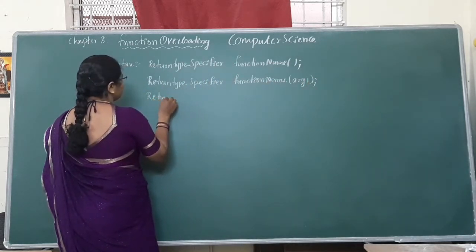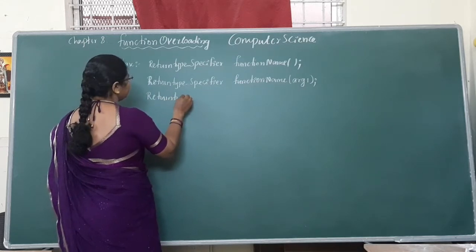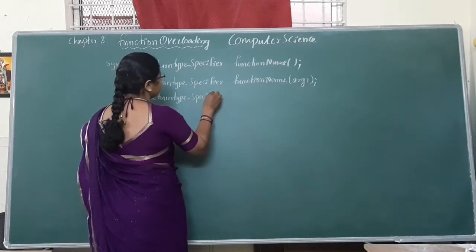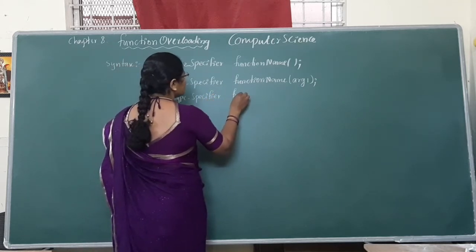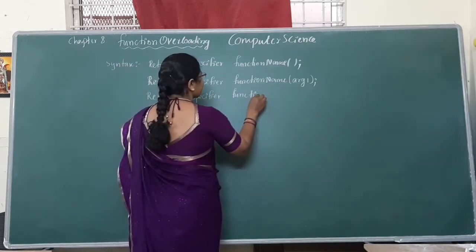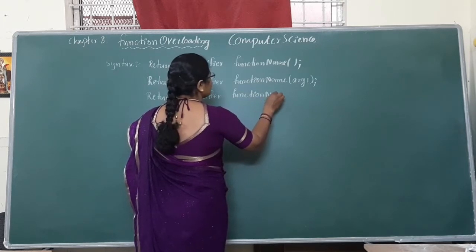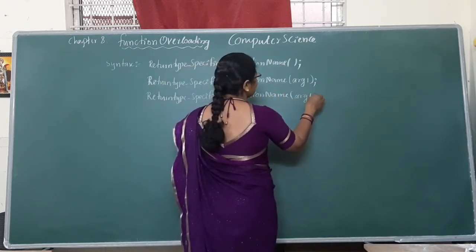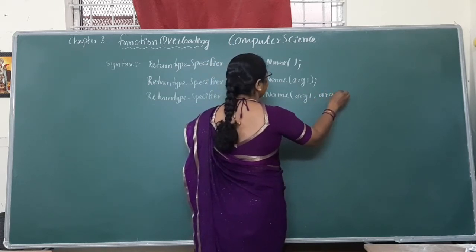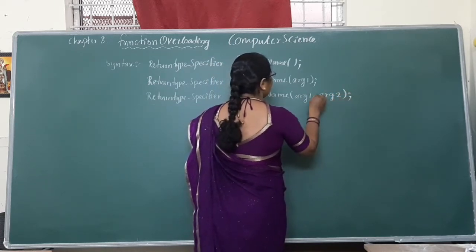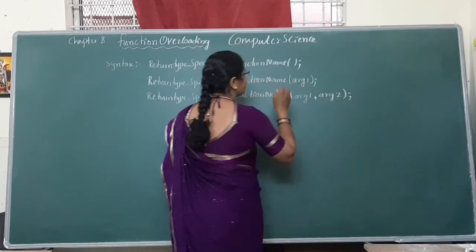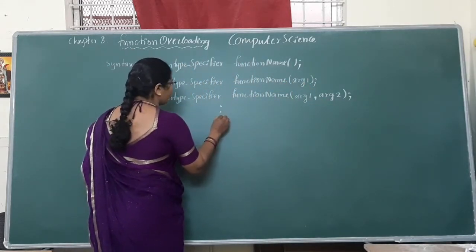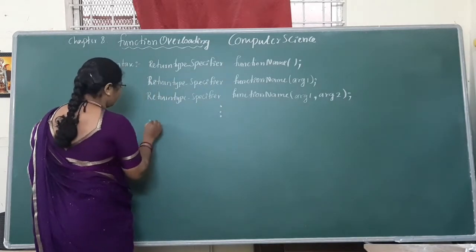Similarly, return type specifier, function name, it contains 2 arguments, argument 1 and argument 2, within the parenthesis separated by comma. Like that, n number of arguments can be given.